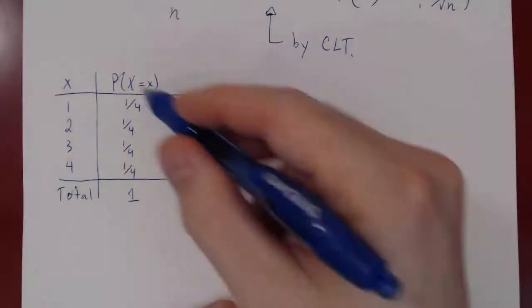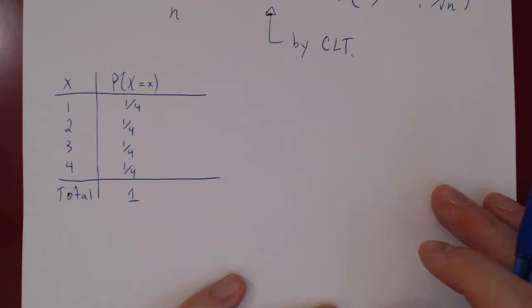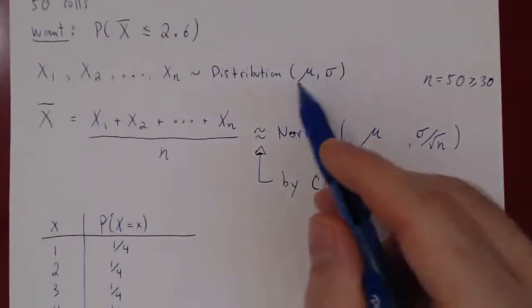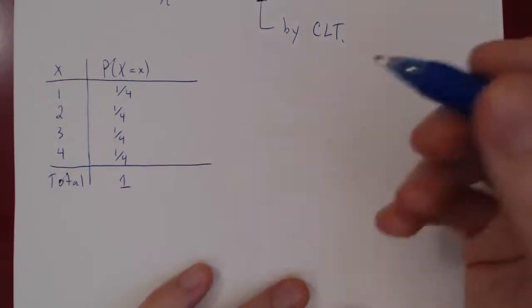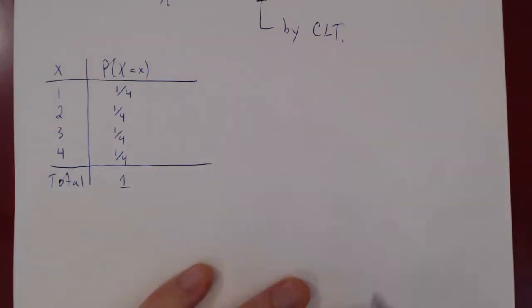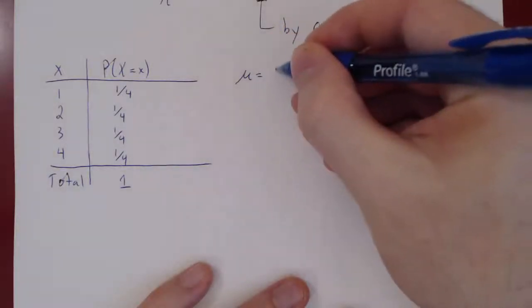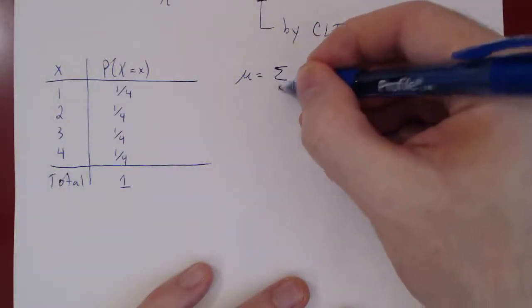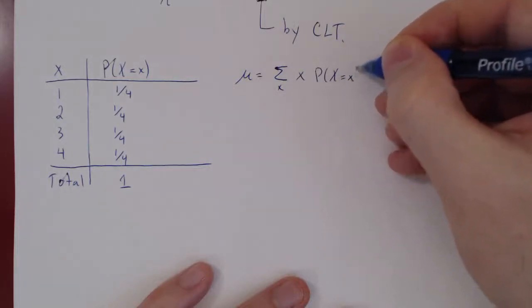Now that we have the probability distribution for a single roll, we can find the mean, mu, and the deviation, sigma. So let's find the average first. This is the quantity that we will need then to find the deviation. Well, the mean is very easy to find in this case. It will be, again, if you recall, summing over all x values, the value times the probability of the value occurring.